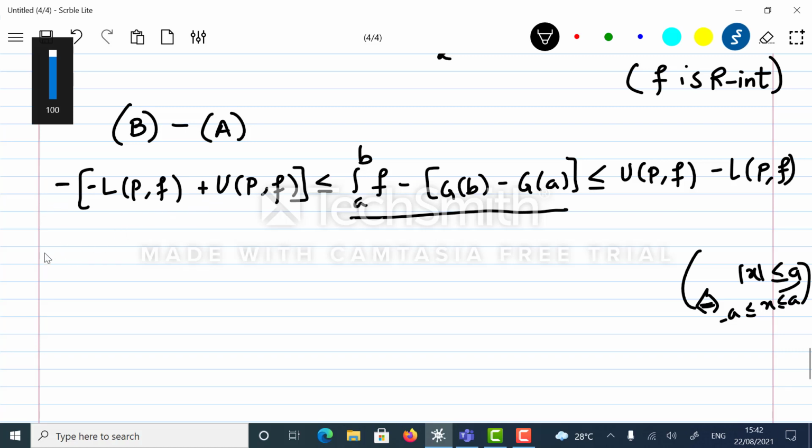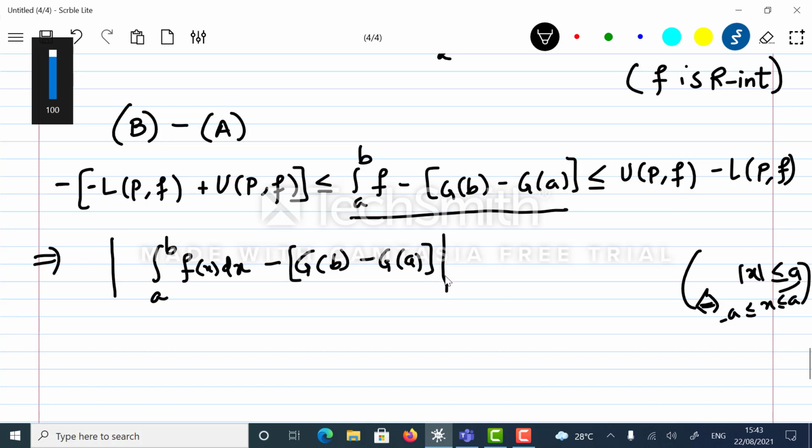This would imply that the modulus of the integral a to b of f of x dx minus (g of b minus g of a) must be less than or equal to UPF minus LPF.